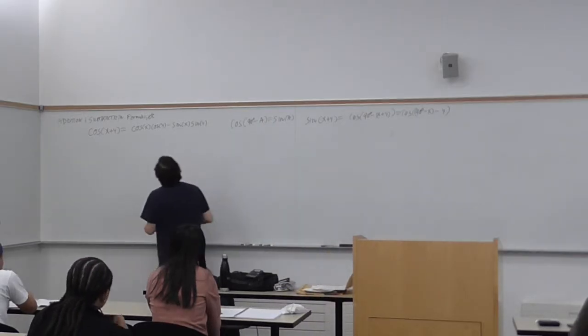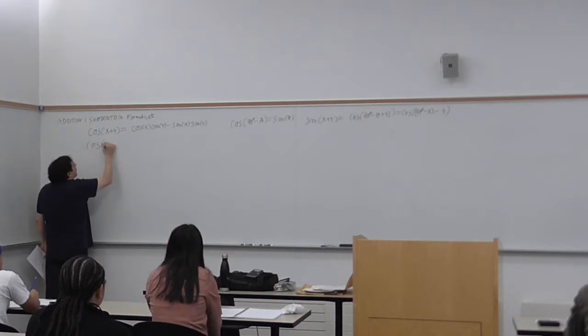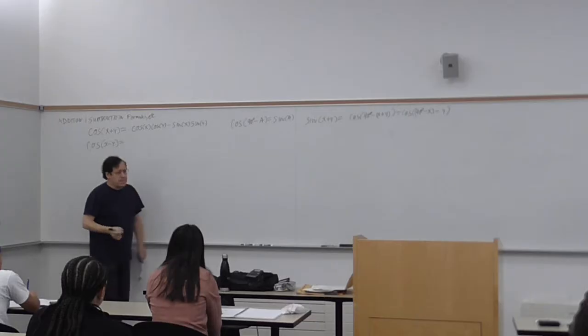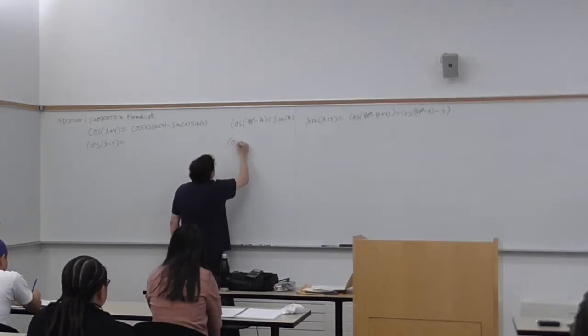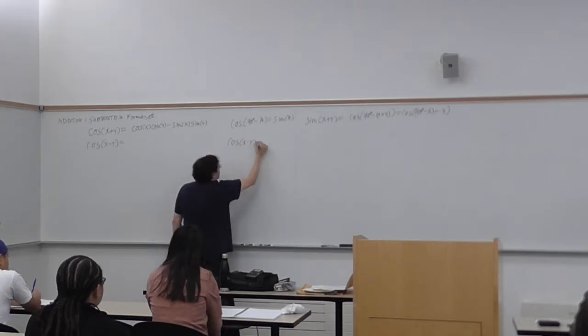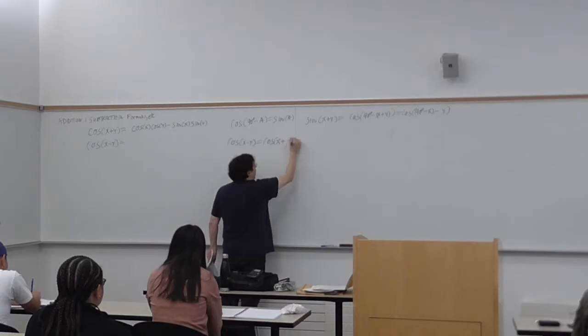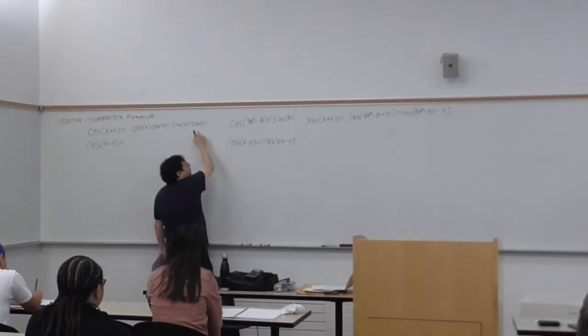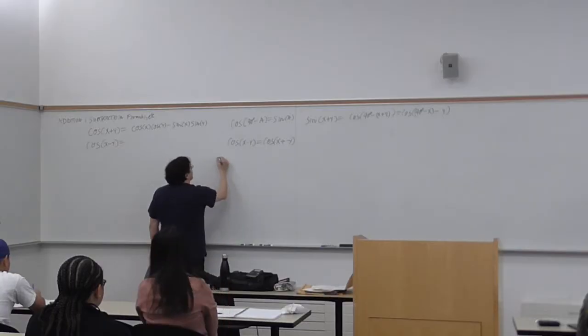Before I do this, really what I want to know is, what is the cosine of x minus y? That's really easy. Cosine of x minus y is just the cosine of x plus minus y. I have a formula for x plus y, x plus something, so let's go ahead and plug this in.